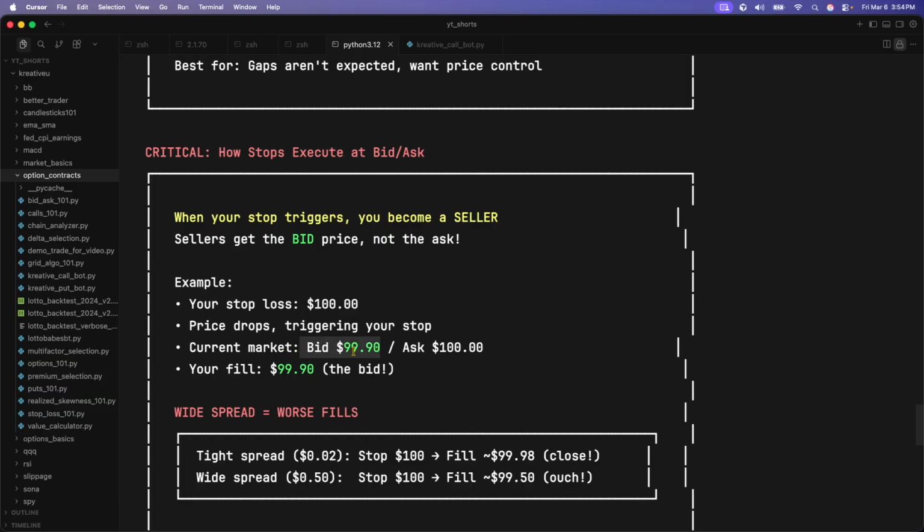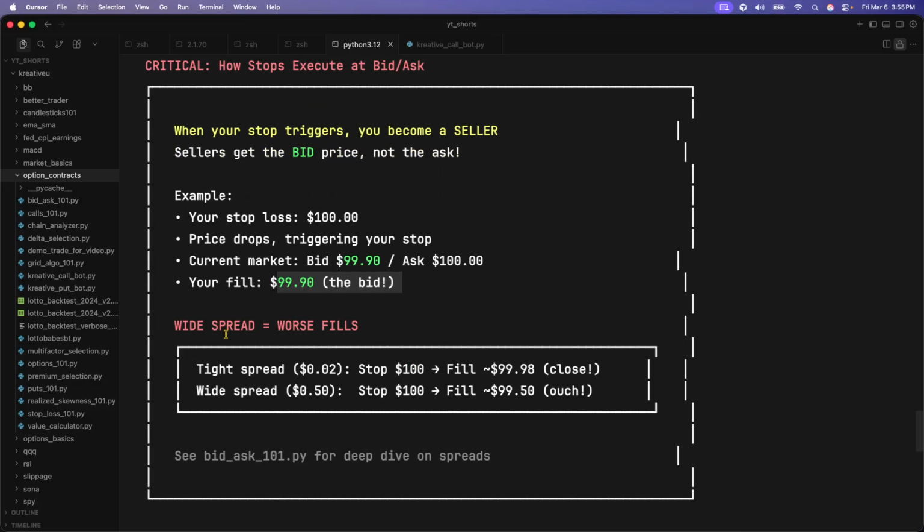The bid is going to be 99.90, the ask is going to be 100, and you fill at 99.90, the bid. Wide spreads equal worse fills. With tight spreads, we can get in and out without a problem. With wide spreads, it's going to be a little more of a hiccup getting out, like a 50-cent spread versus a 2-cent spread.